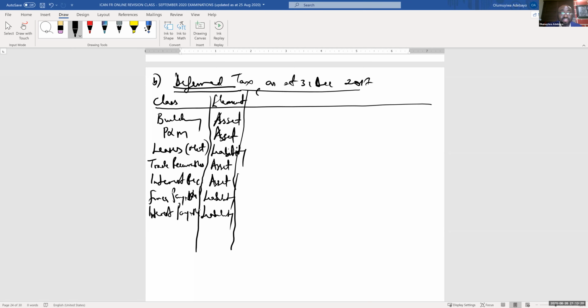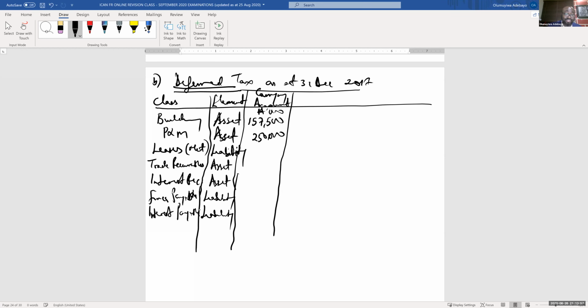Now, what do we need? We need the carrying amount, with figures in thousands. What is the carrying amount of building? It's already given to us as 157,500. How do you arrive at it? Remember, the cost is 175,000 minus 17,500. That gives you 157,500, which is given to us ready-made. Plant and machinery is 250, ready-made.